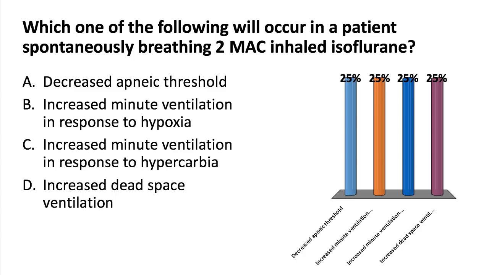Increased minute ventilation in response to hypercarbia? Nope, 2 MAC blocks that. Increased dead space ventilation? Yep, because the tidal volume is lower and the dead space stays the same at 150, and more VD over VT, the ratio goes above the 0.3, higher and more goes to dead space, and there's less alveolar ventilation.